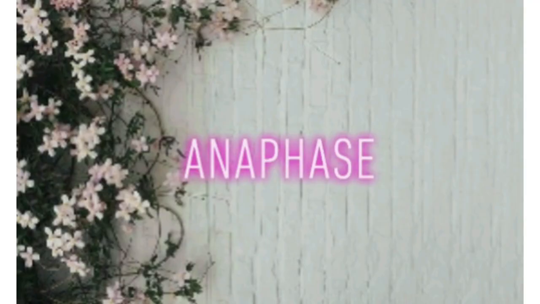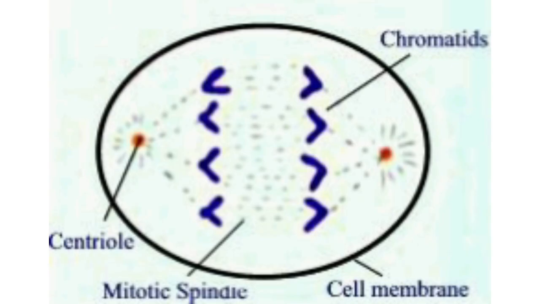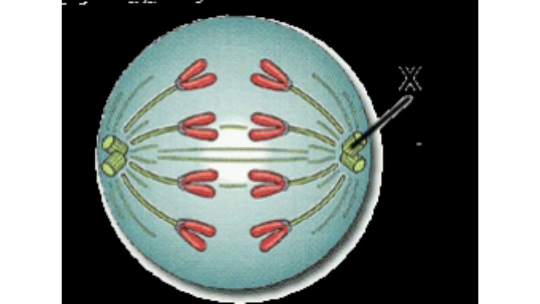Now let us pass on to anaphase. What do you mean by ana? Ana means up or back. The centromeres attaching the two chromatids divide and the two daughter chromatids of each chromosome separate and migrate towards the two opposite poles.